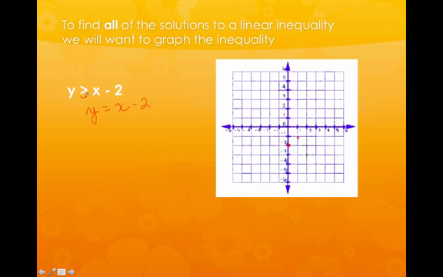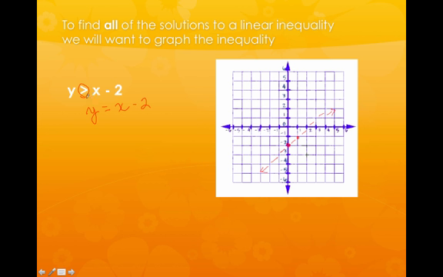Because this is actually a greater than, that means that my line cannot be solid because that would include those points. So instead I'm going to have a dashed line to indicate the inequality. Okay, and I still have my arrowheads at either end.